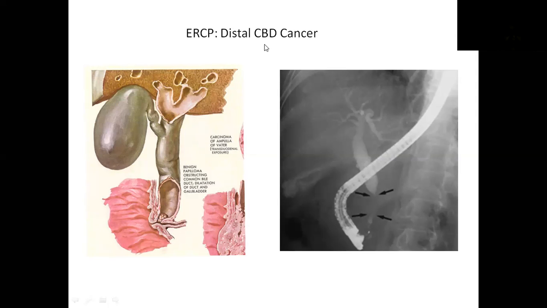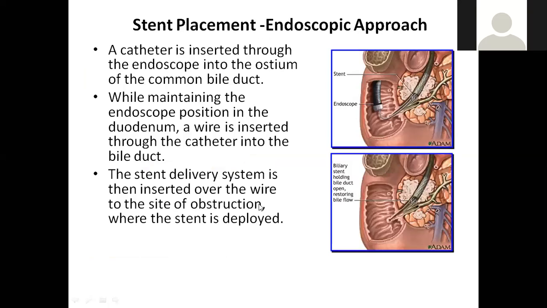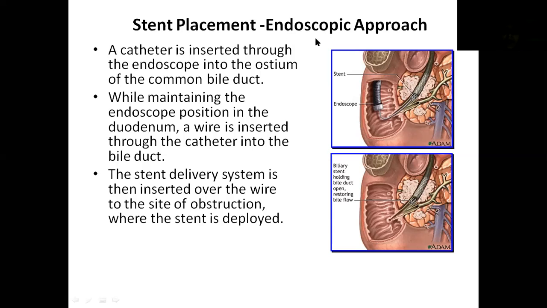That is common bile duct cancer. Generally this is treated by the same technique. We can also pass stents, like for blood vessels we keep stents to keep the lumen open. Similarly, stents can be placed by making use of ERCP only, the endoscopic approach, in order to keep these ducts dilated.